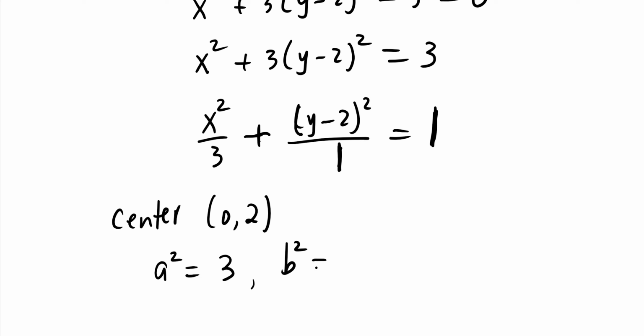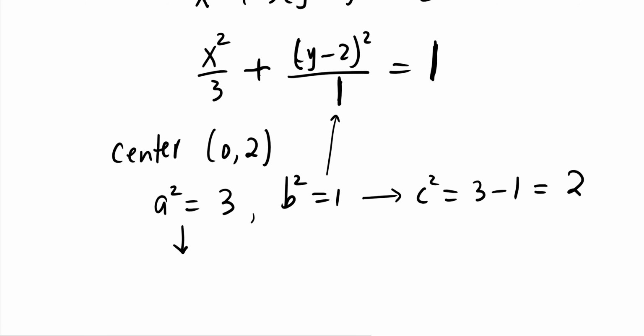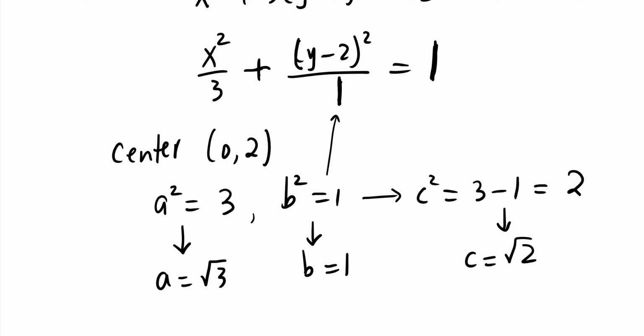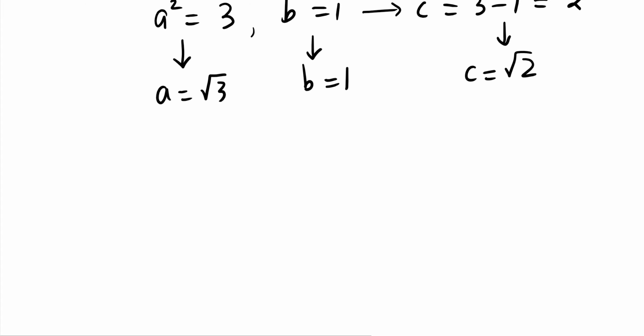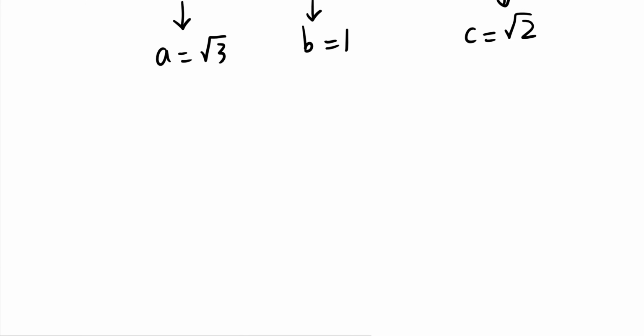B squared is 1, this number. From these two we get c squared, which is a squared minus b squared. So a is the square root of 3, b is 1, c is the square root of 2. So I got a, b, and c. We have the center, a, b, and c. We can plot them on the graph and get everything we need. So let's look at this.